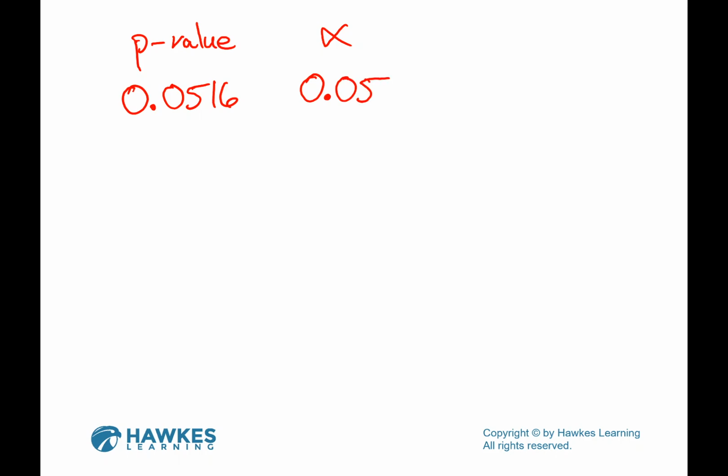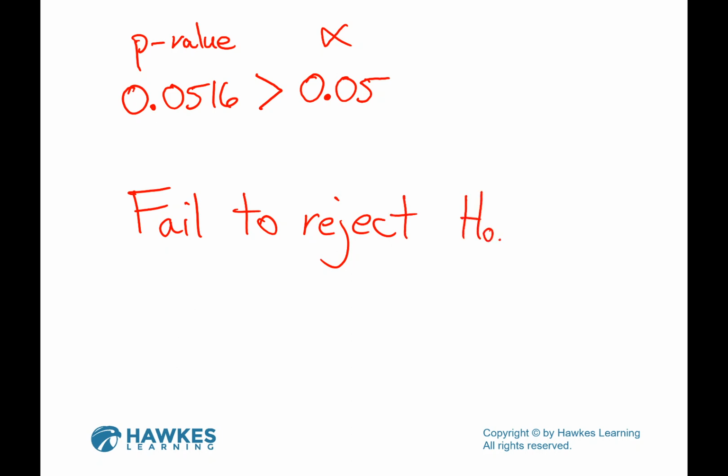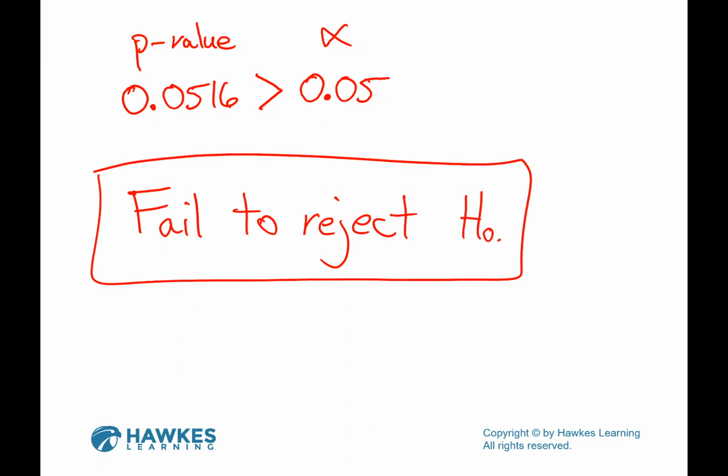So in this case, the p-value is a little bit bigger. If the p-value is bigger than alpha, you remember what our conclusion is? Fail to reject the null hypothesis. It was close on this one, but that's our decision.